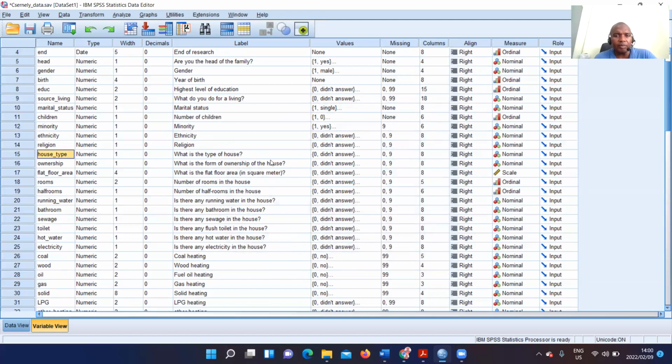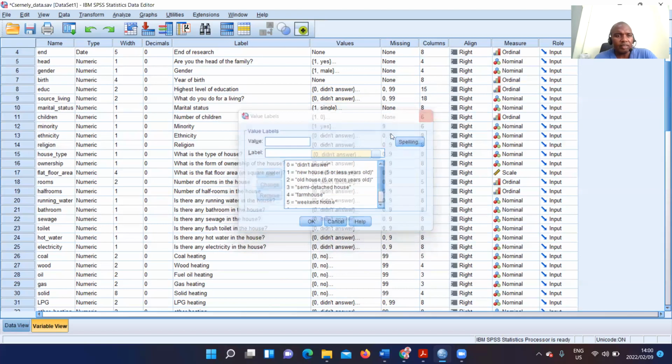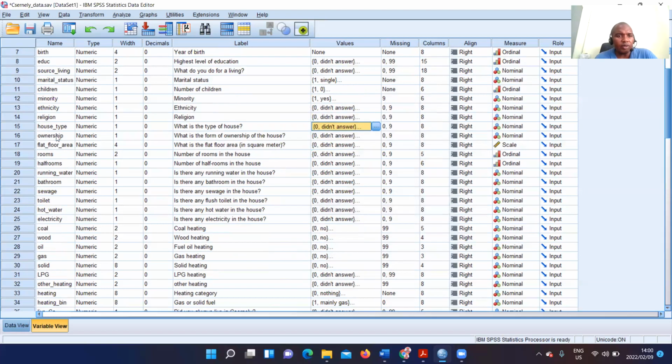And then house type. Also, so many house types were specified, with 0 standing for didn't answer, new house, old house, semi-detached, and so on. And then we go all the way to ownership. It was also quoted accordingly.